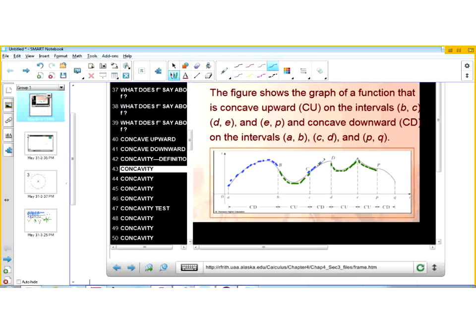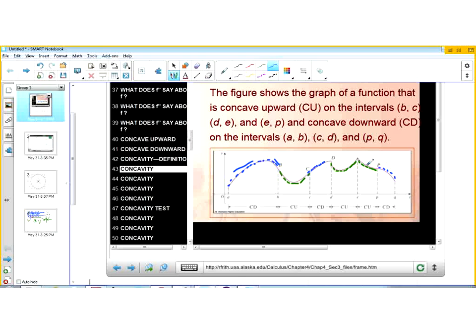From C to D, try drawing the tangent lines below it, and that won't happen, because you can see the direction of the tangent lines are like this and then like this. And from P to Q, it basically spills water on the interval.